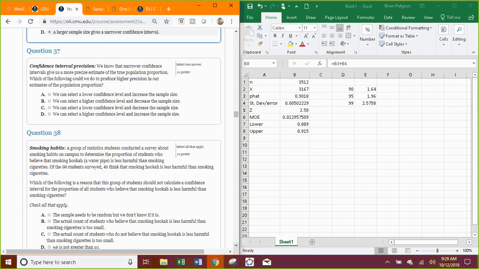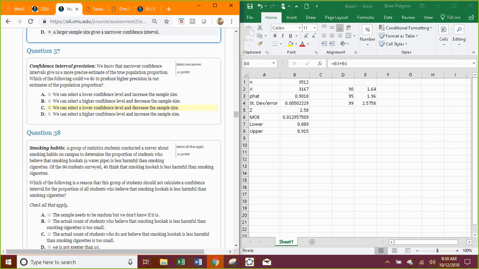Okay. We know that narrower confidence intervals give us a more precise estimate of the true population proportion. Which of the following could we do to produce a higher precision in our estimates? We could select a lower confidence level and increase the sample size. So, first of all, more precise means larger sample size. So, it's going to be A or D. We can not count B or C, because increasing the sample size is higher precision.